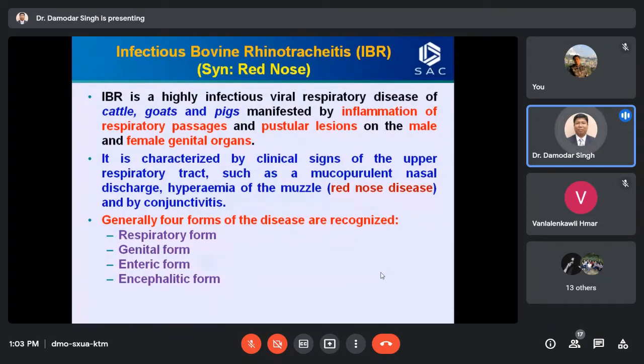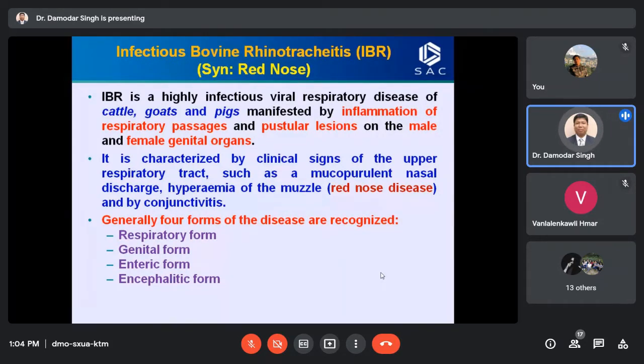When we talk about the characteristic features of this disease, because of the infection of the upper respiratory tract there are mucopurulent nasal discharges and a hyperemic condition of the muzzle, leading to red coloration of the nose or muzzle.